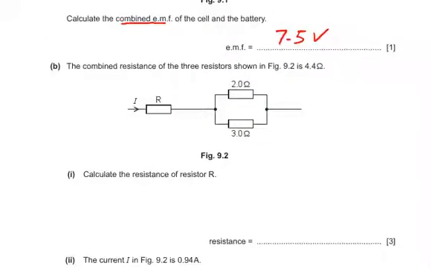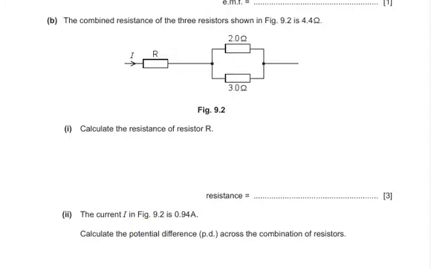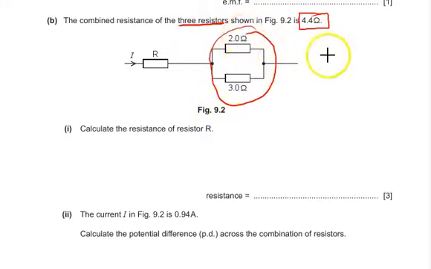So this is a combined resistor of 3 resistances. They have a combined resistance of 4.4 ohm. We need to solve this one first. 1 over R total equals 1 over 2 plus 1 over 3.